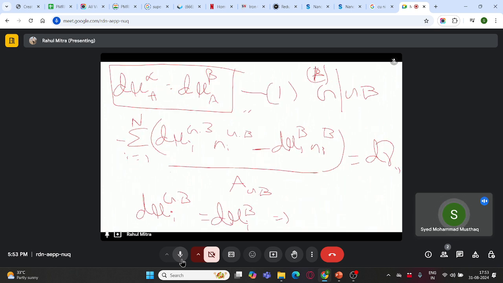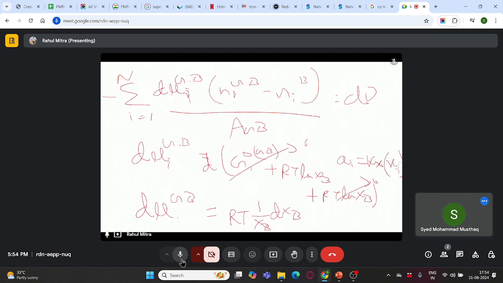From there, this complex equation can be equated and made simple, and from there we wrote the chemical potential for grain boundaries.